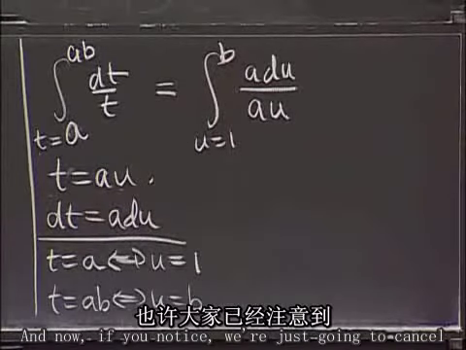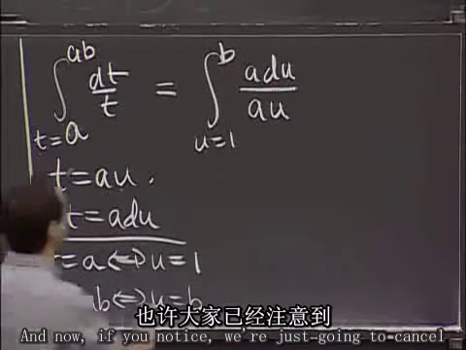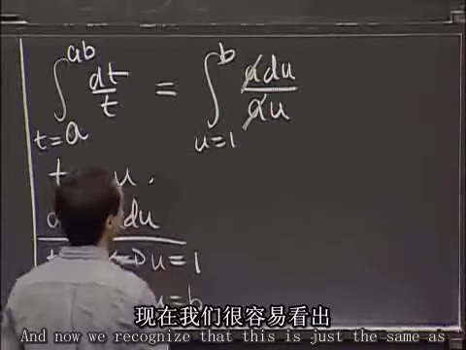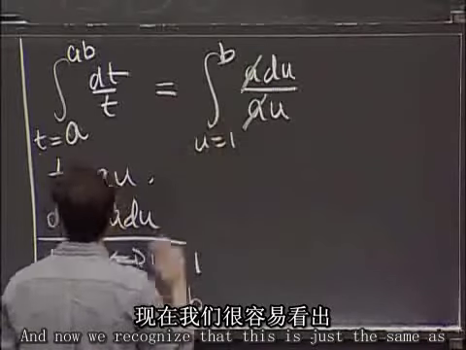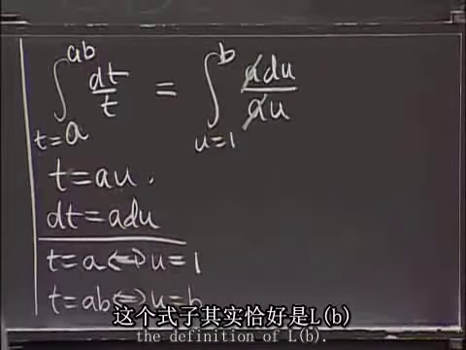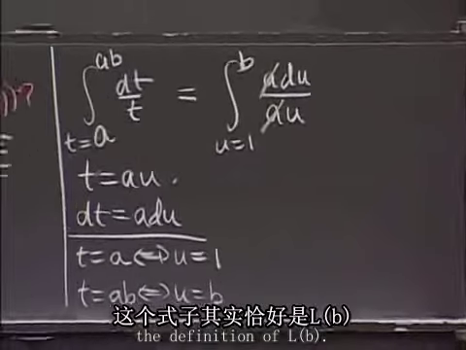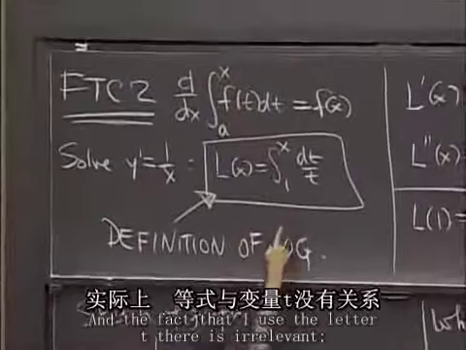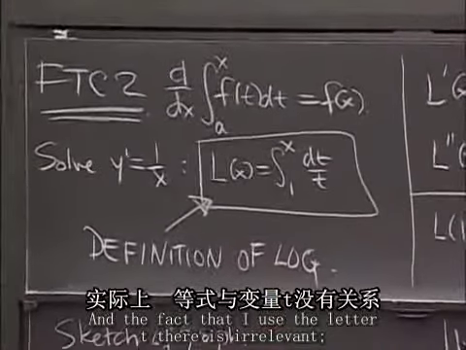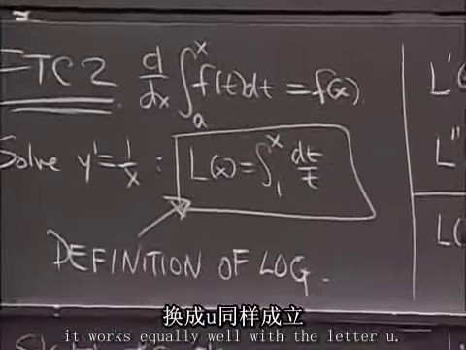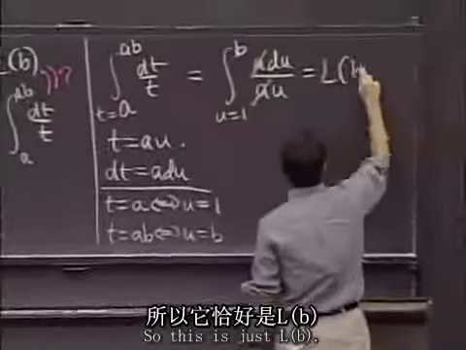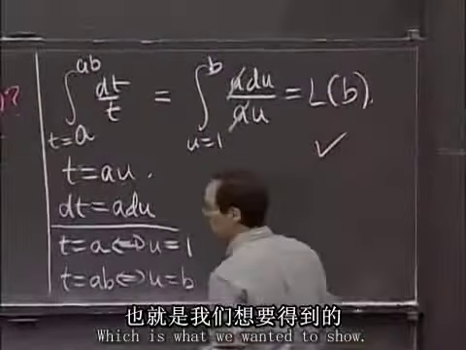And now, if you notice, we're just going to cancel these two factors here. And now we recognize that this is just the same as the definition of L of B, because L of x is over here in the box. The fact that I used the letter t there is irrelevant. It works equally well with the letter u. So this is just L of B, which is what we wanted to show.